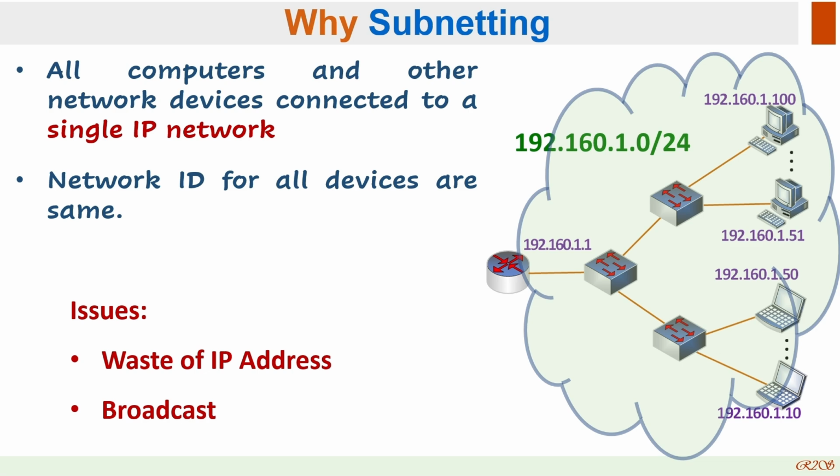So why do we need the subnetting? We want to reduce the waste of IP addresses, because IPv4 address space is very limited, and also we can improve the performance of the network in many different ways. One is we can reduce the broadcast domain, or we can also have better management of the security and better management of the networks.